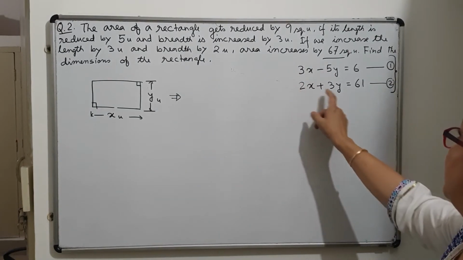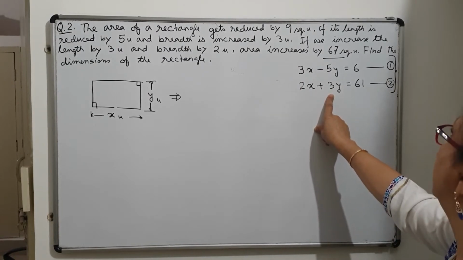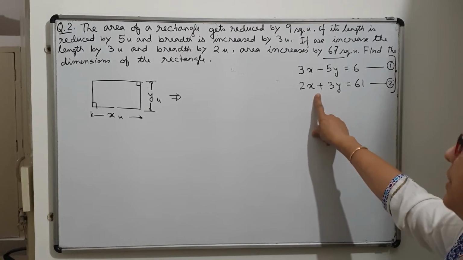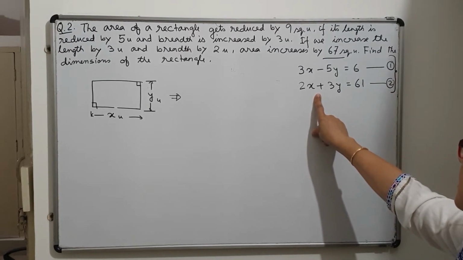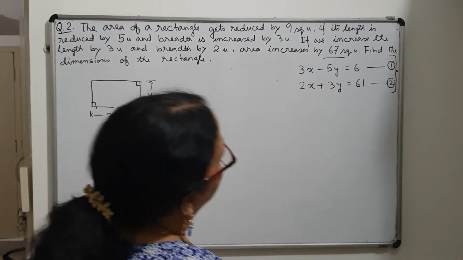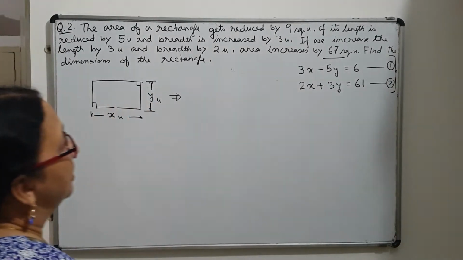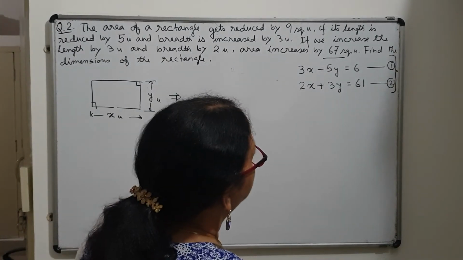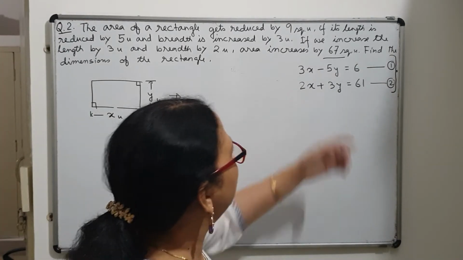Look at the coefficients and decide which method will be suitable. The coefficients are 3, 5, 2, 3, so the method of substitution will not be okay. Either go for the method of elimination or the method of cross multiplication. Let me do it by the method of elimination, that will be easier.